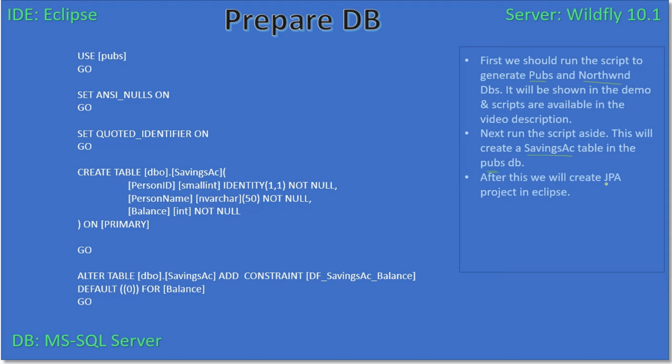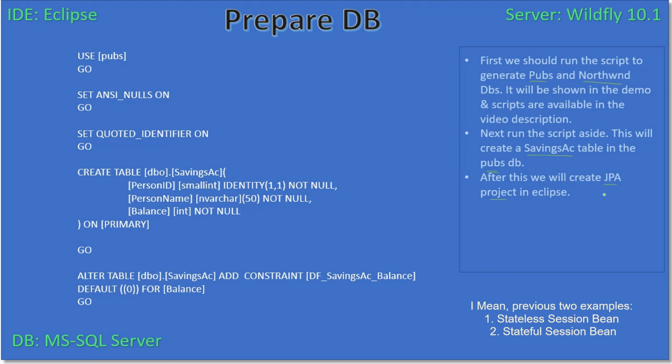After this, we will create a JPA project in Eclipse. So this will be a dummy skeleton project. Code we will add in the next video, but here we will just create the JPA project in the Eclipse IDE. Remember, in the previous two parts, we already created 4 projects.